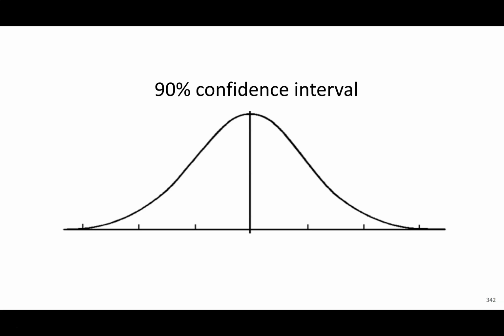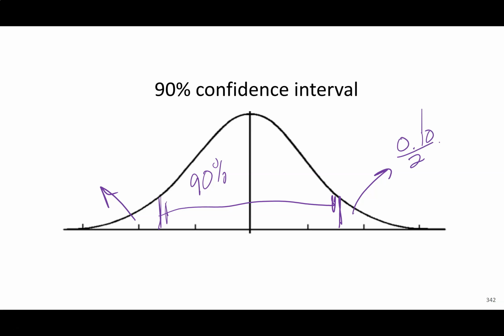For a 90% confidence interval, you want the middle 90% of the data. So 90% means I have 10% left over. If I split that into each tail, 10 divided by 2 is 0.05.